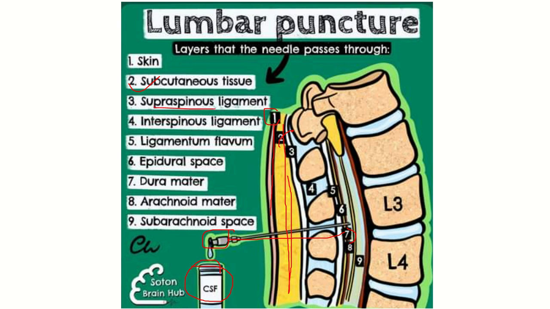Then the third layer is the supraspinous ligament, which overlies the spinous processes of the vertebral column. Then the interspinous ligament, here number 4, which lies between the two spinous processes. Then the ligamentum flavum, and then the epidural space, dura mater, arachnoid, and subarachnoid space, and CSF is located in the subarachnoid space.